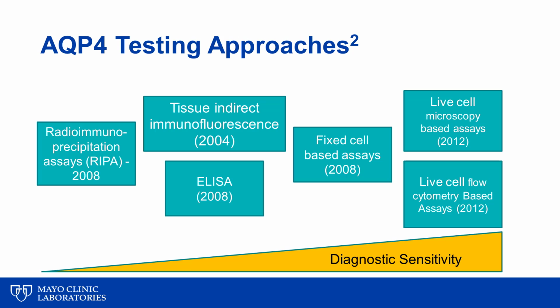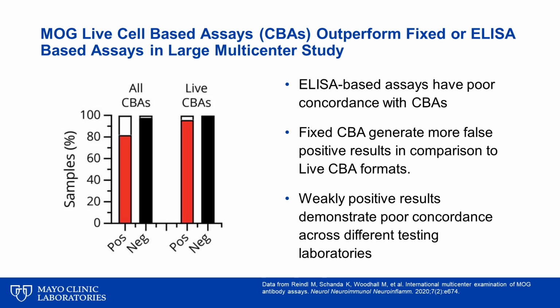Aquaporin 4 antibodies are thought to be pathogenic and recognize specific native aquaporin 4 protein conformations, which are best recapitulated in an assay by the use of live cells expressing the aquaporin 4 protein on their cell surface. This allows us to offer the highest diagnostic accuracy. This has led to a paradigm shift in the way we approach developing assays to detect antibodies targeting proteins expressed on the cell surface.